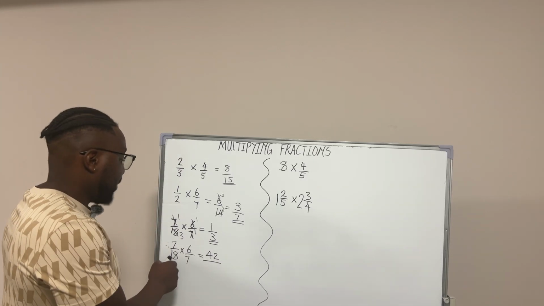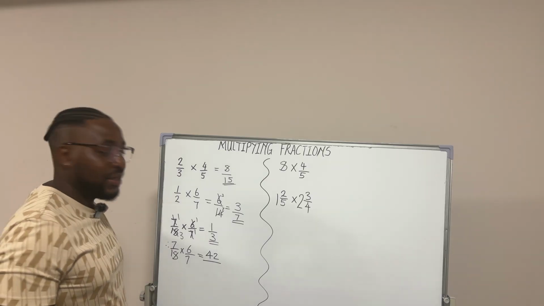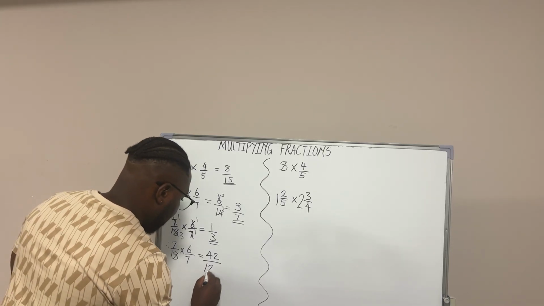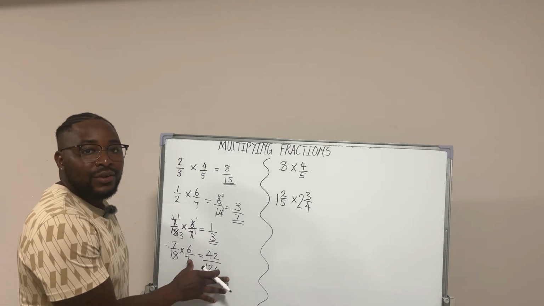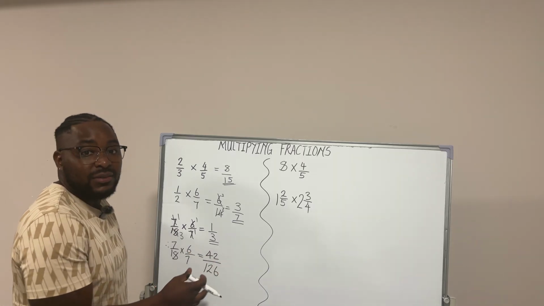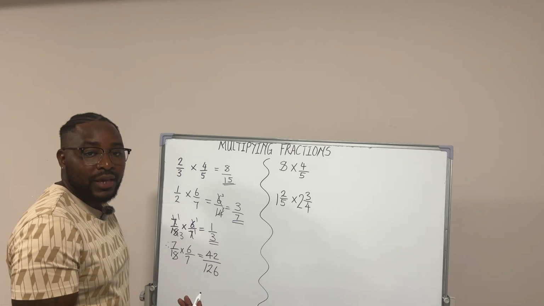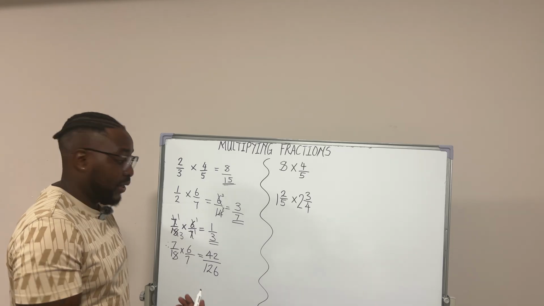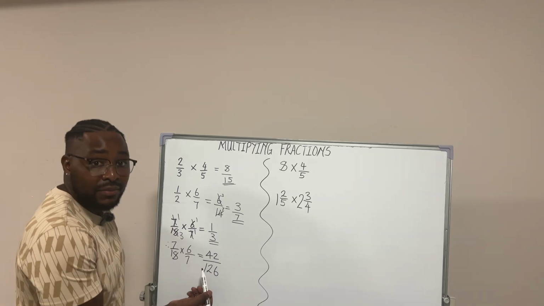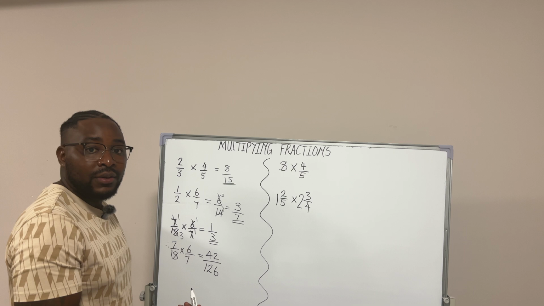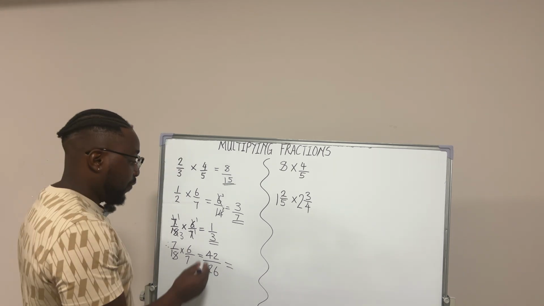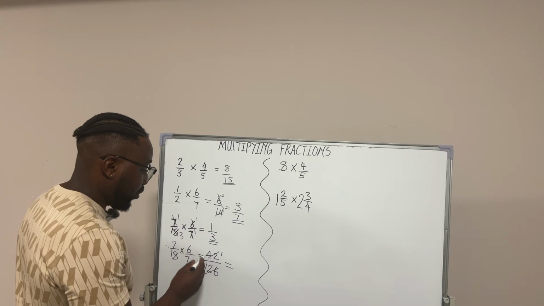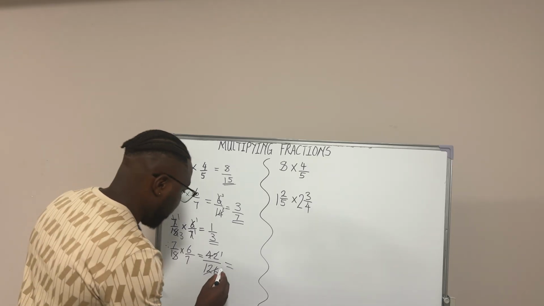And 18 multiplied by 7, what's that? That's 126. So you see, you have these two big numbers that you have to simplify, if needed. If you can simplify them, you have to simplify them. 42 into 42 is 1, and 42 into 126 is 3.